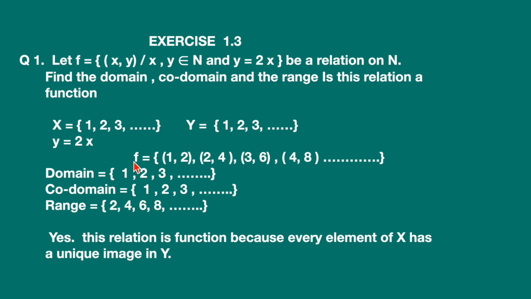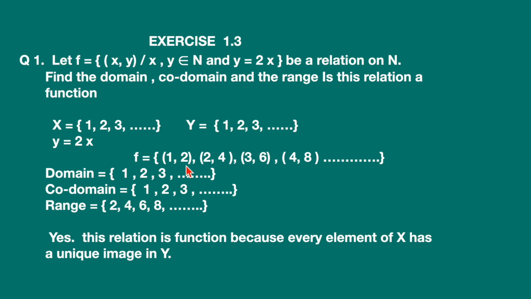So let us now write down this function f. Substitute the value of x as 1, you get y as 2, so (1, 2). Again substitute, you get (2, 4), (3, 6), (4, 8), and so on, infinite ordered pairs. The domain here is X, 1, 2, 3, and so on. Codomain is the set of natural numbers.